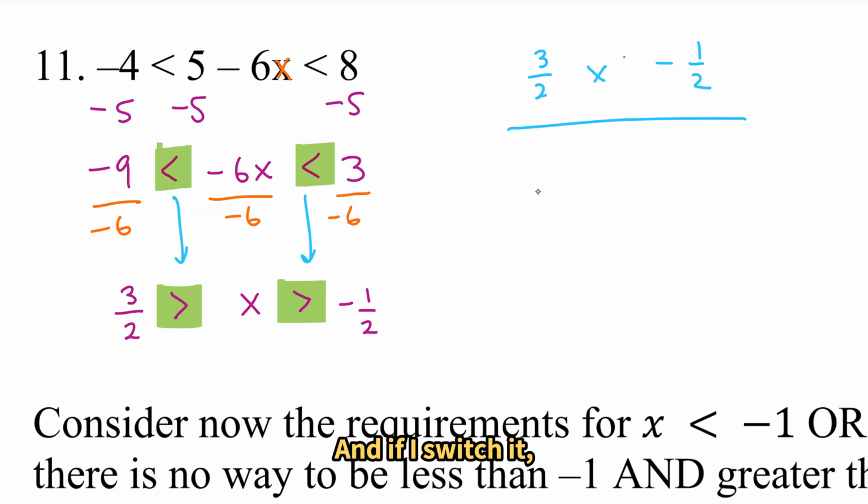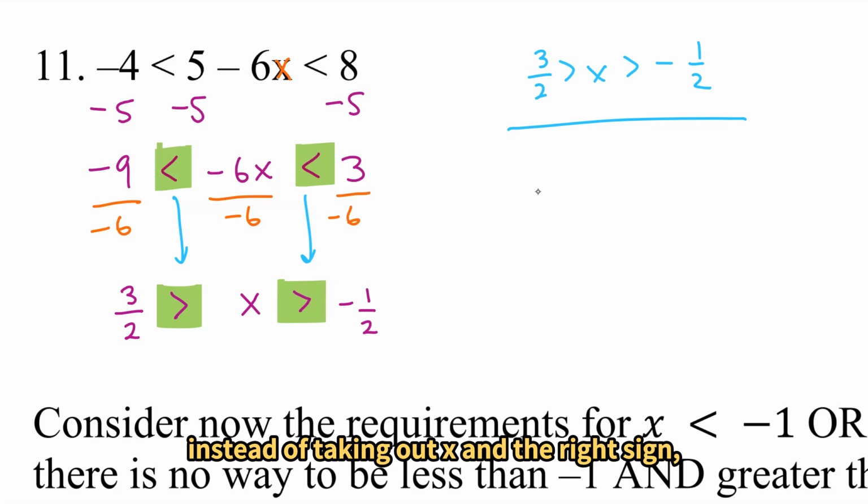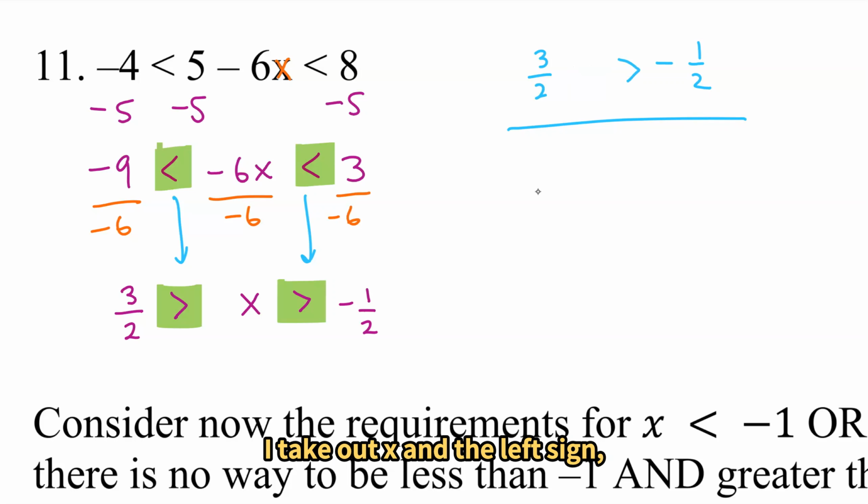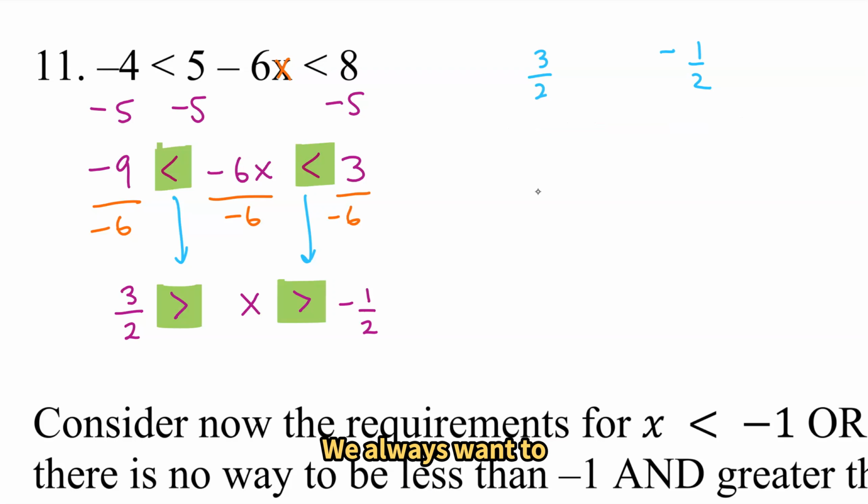And if I switch it, and instead of taking out x and the right sign, I take out x and the left sign, I still have 3/2 is greater than -1/2. So that still makes it true. We always want to make sure with a three-part inequality, if we take out the middle and one of the two signs, we still maintain a true inequality with the outer parts.